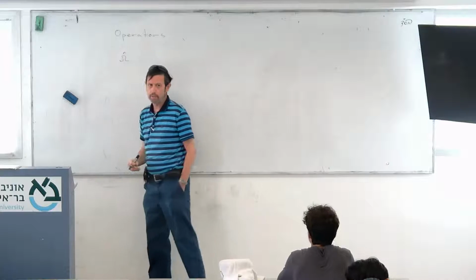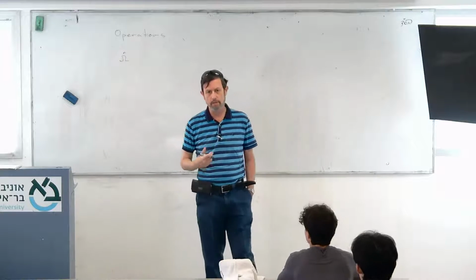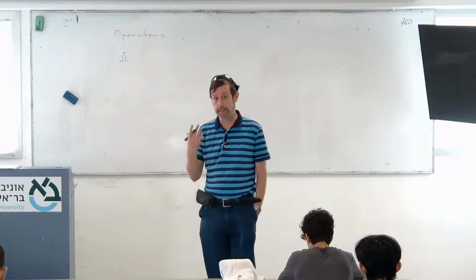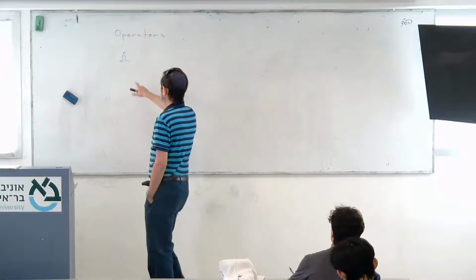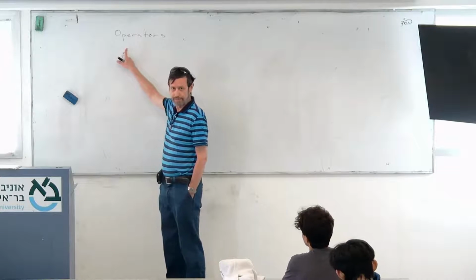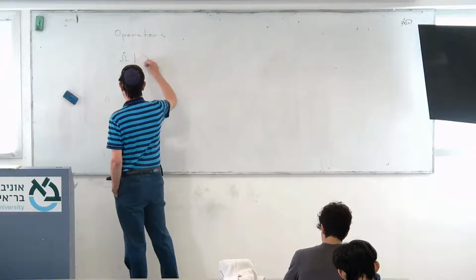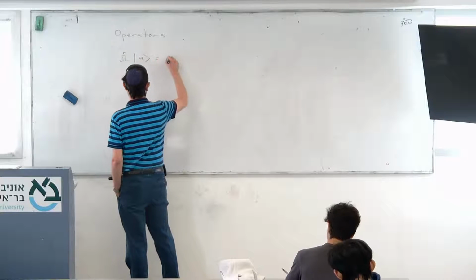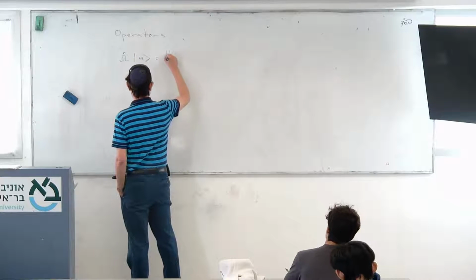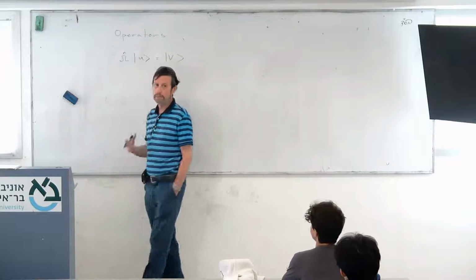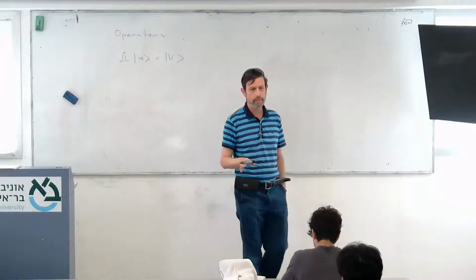An operator omega, in order to emphasize that it's not a scalar but an operator, we'll put a hat over it. It takes a vector and returns a vector.